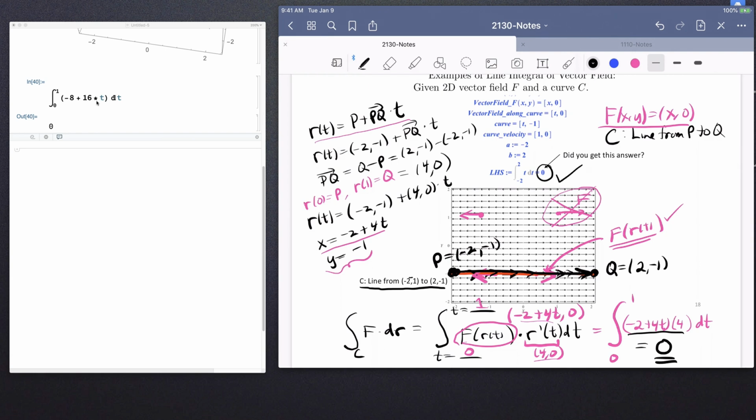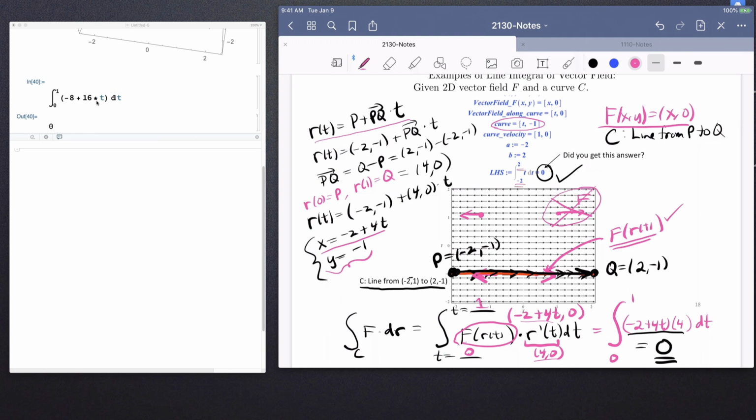And this brings up an interesting point that there is more than one way to parameterize this curve. Here we did x is equal to -2 plus 4t, y is -1, and we integrated from 0 to 1. But up here in this example, I also wrote the curve as t, -1, which is the same curve if you integrate from time -2 to +2.